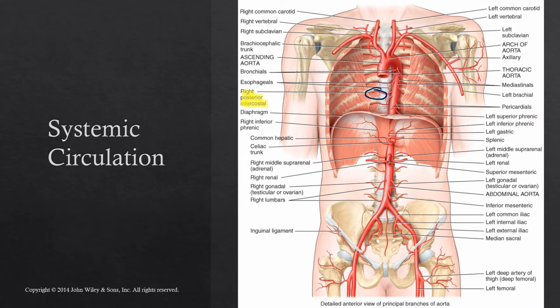Also the subcostals, which I don't believe is labeled on this diagram, but then also the superior phrenic. Here we have the left superior phrenic, and we're going to see the same on the right side right here. So those are going to be more towards the walls of the thorax. The phrenic is going to be on the diaphragm, and the intercostals are going to be between the ribs.